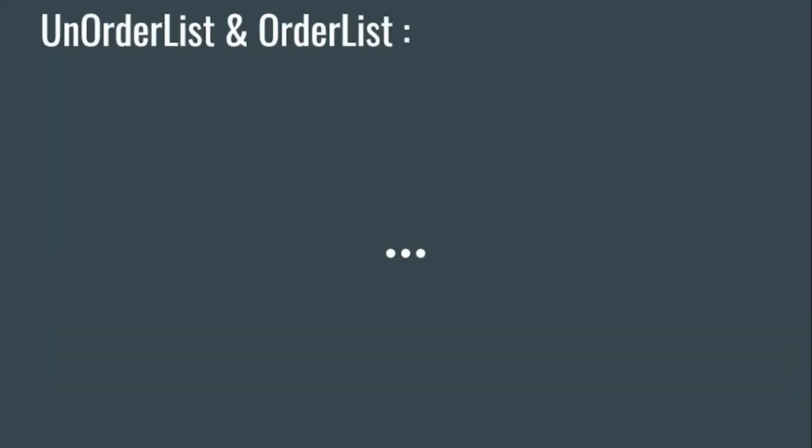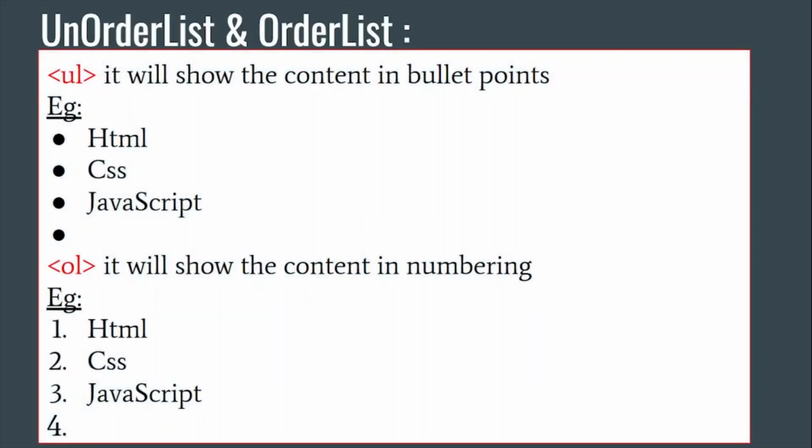The next is the unordered list and ordered list. If you want to write some items in an unordered list, we can mention it by using ul. It will show the content in bullet points. In an ordered list, the items are displayed in order, like numerical order or alphabetical order. So it is like ol.